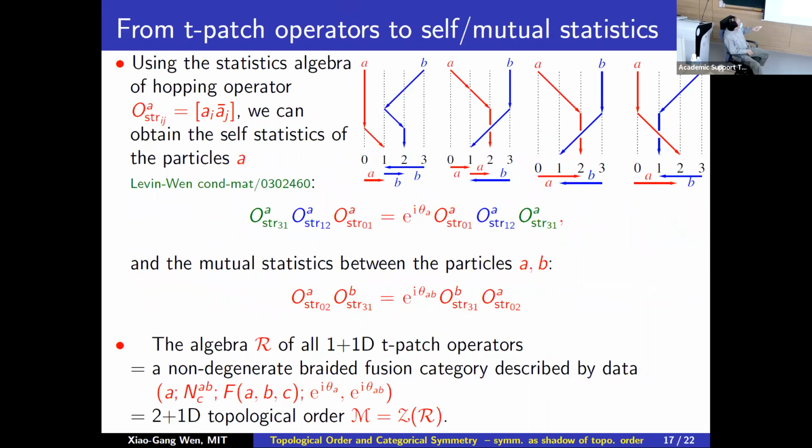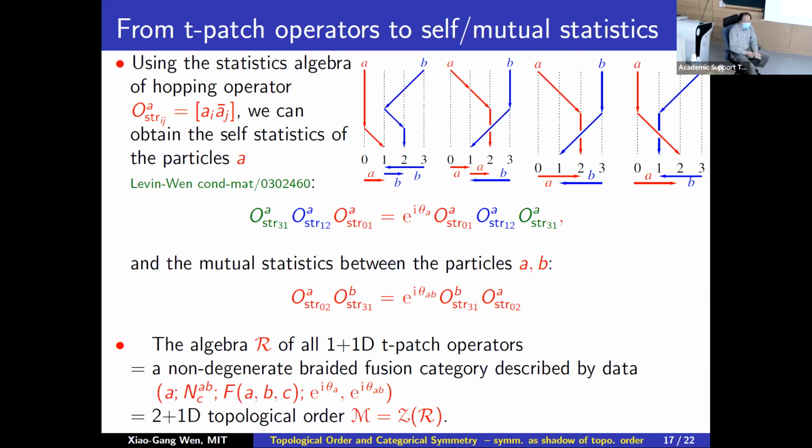Then we can also do the self-statistics. So we can have A, B. Then we can use these three hoppings to exchange A and B actually. But when you exchange A and B, you cannot compare, because the initial state is AB and the final state is BA.